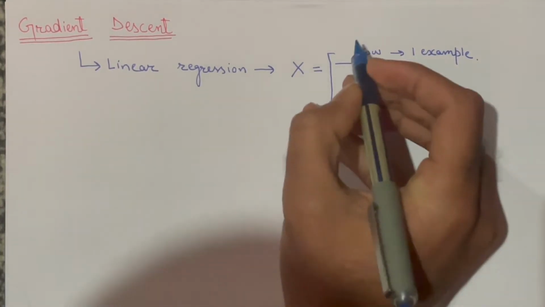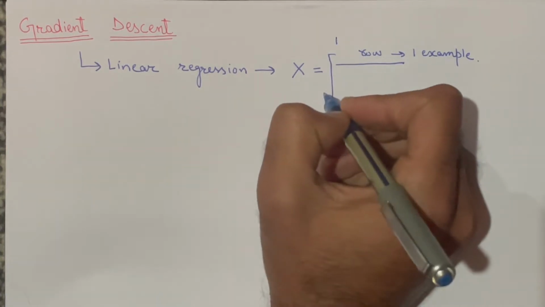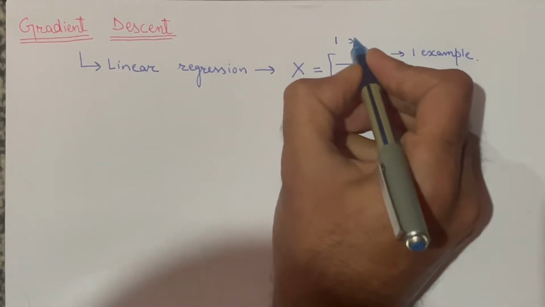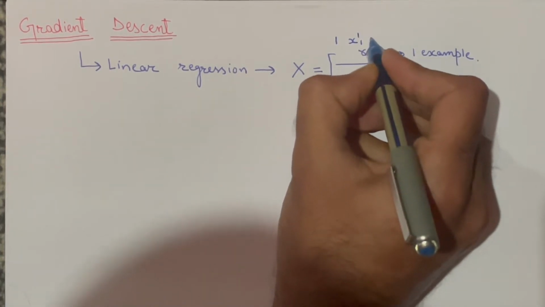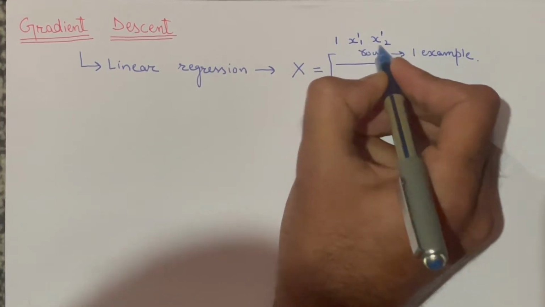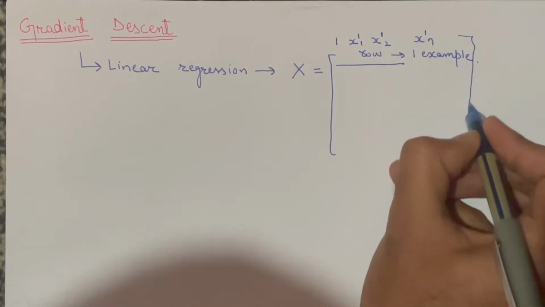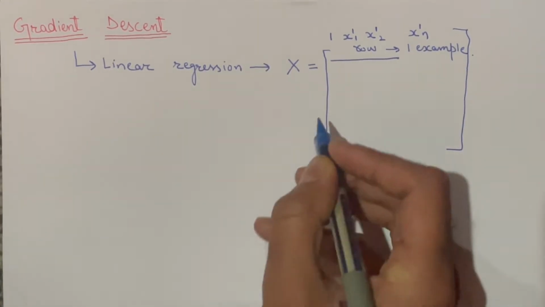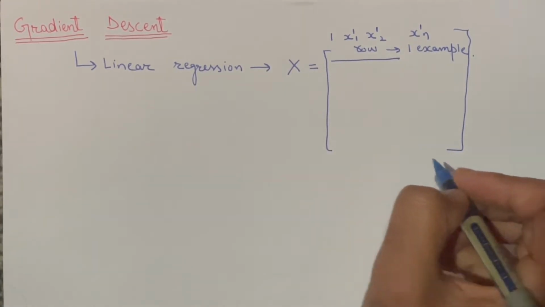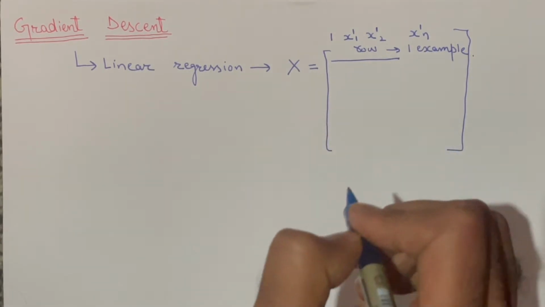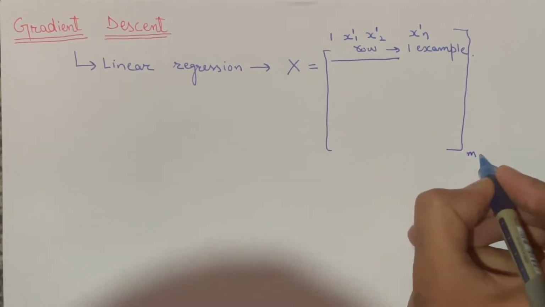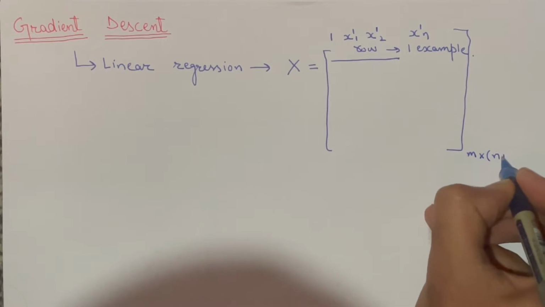In every row the first element will be 1, then we have x 1 1, x 1 2, so these are its features, up to x 1 n, and we have a total of m examples. So it is the input containing m different data points, and the size of this matrix is m cross n plus 1.